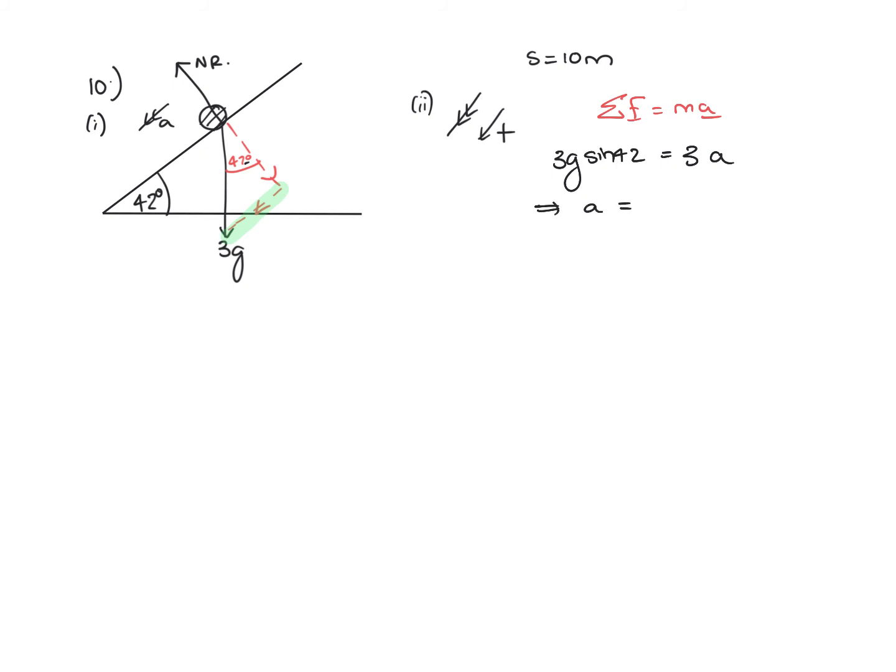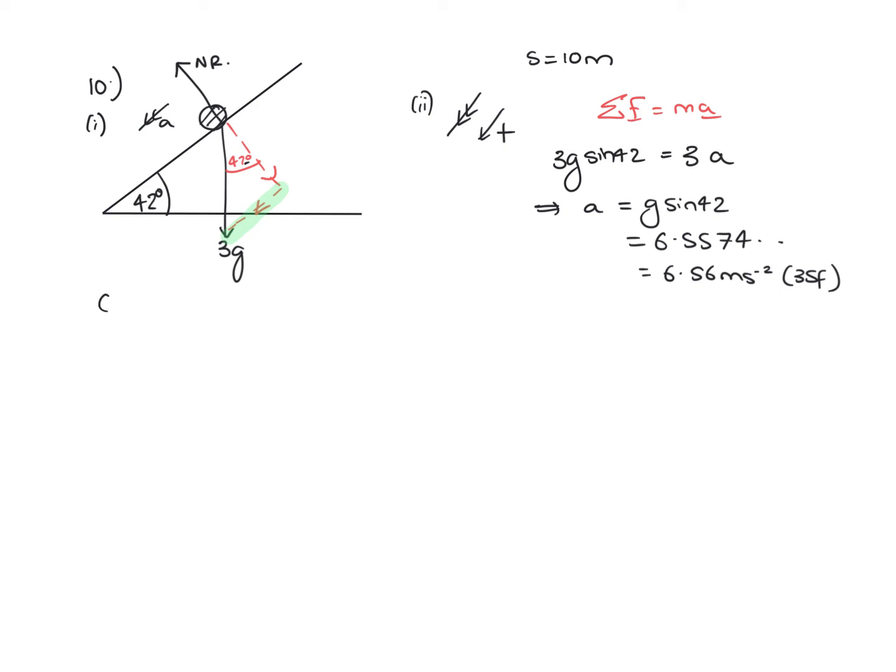This gives us a equals g sine 42, or acceleration equals 6.5574, so 6.56 meters per second squared to 3 significant figures.